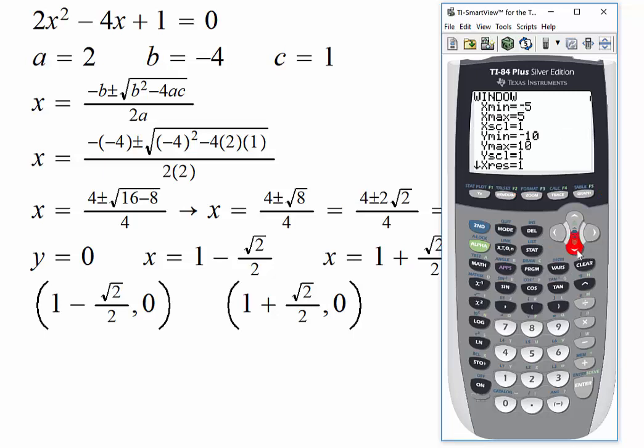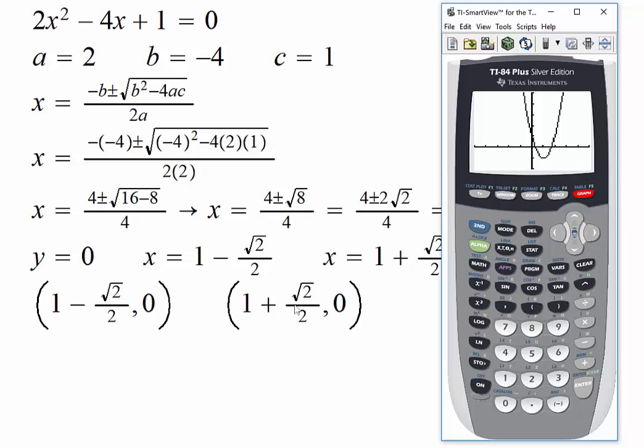So for y we may go negative 2 to 5. Okay, so there we go. We have this as our graph, and you can see the y-intercept at 0, 1, and 1, negative 1 are the coordinates of the vertex, and here are the approximate values of these intercepts.